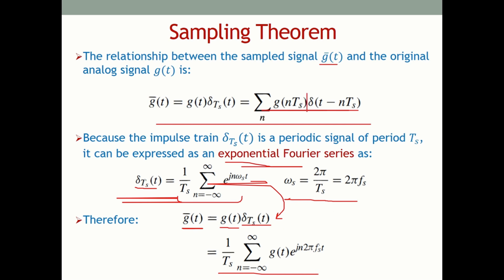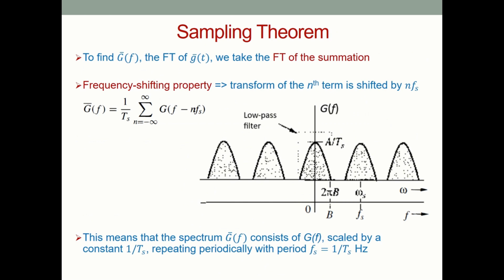Previously we discussed the use of impulses to sample a signal. We then saw that the spectrum of the sampled signal looks like this. If this is the spectrum of g(t), the original analog signal, we get copies of this spectrum at Fs, 2Fs, and so on.